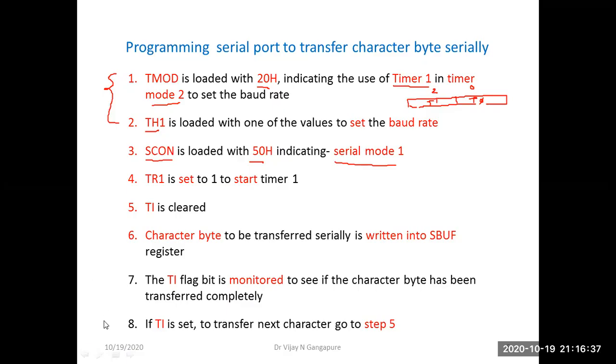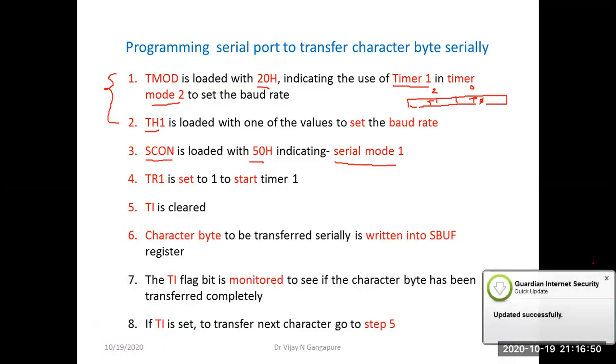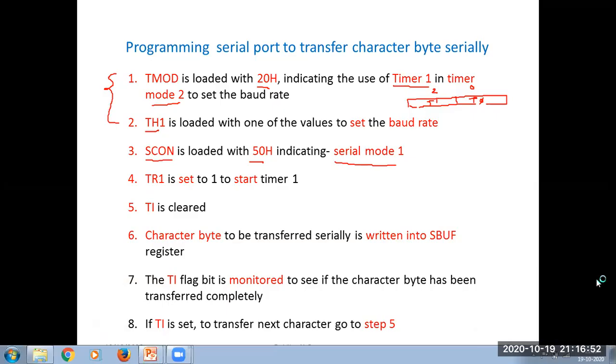Next step, step number 4, is that TR1 is set. TR1 is timer run bit number 1, that is timer 1 run bit.